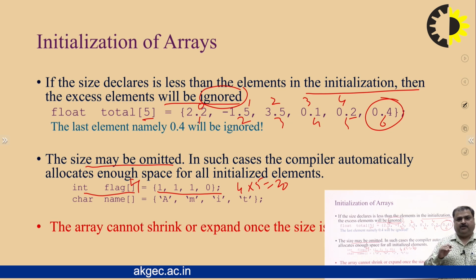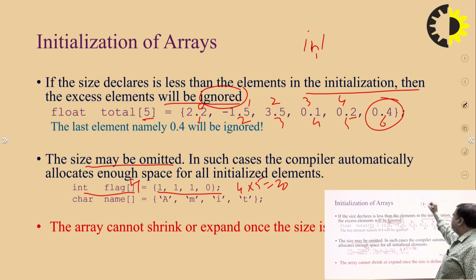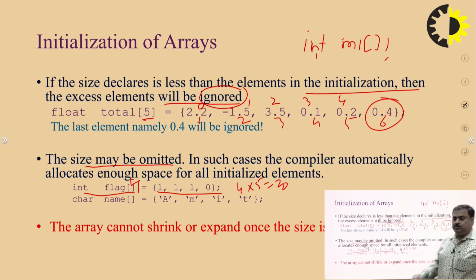There will not be any case where an array is declared but its size is not available. For example, if I declare int m1 without a size, this is wrong. There will be an error from the compiler because we have not supplied any size. Why does such an error occur?